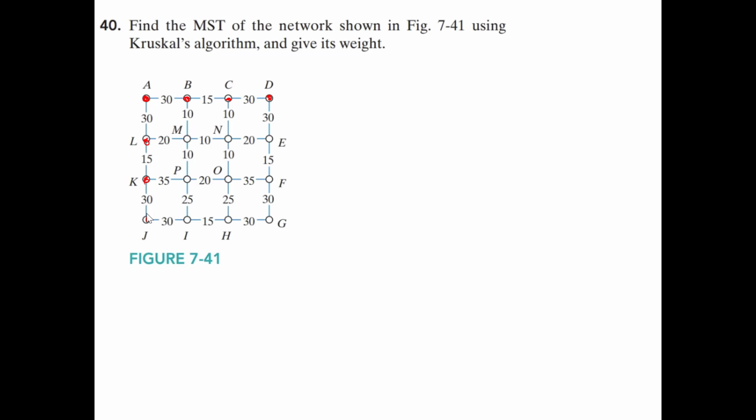So we have 16 vertices, and since we have 16 vertices, we need 15 edges, right? And so then we just go looking for the cheapest edges that we can find. So by scanning them, it looks like 10 is the cheapest edge. And as long as we don't close a circuit, we're good.